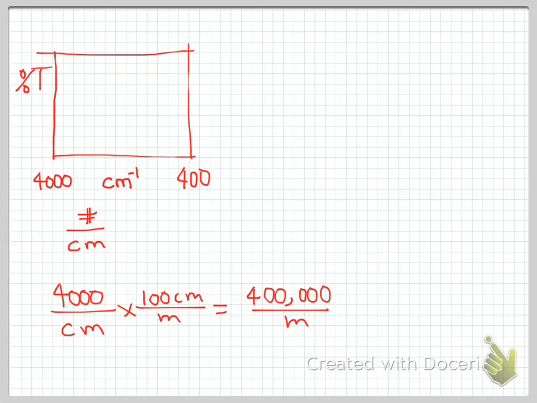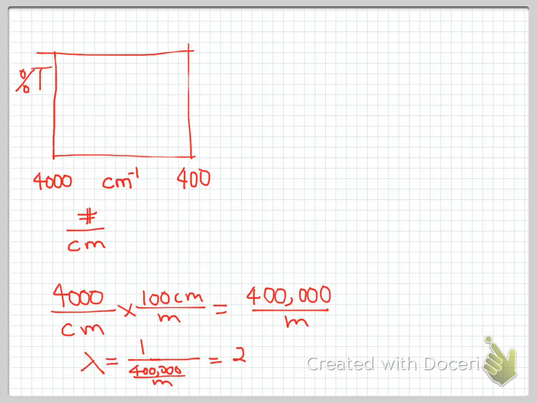And to get the wavelength, you just take the inverse of that, which is 1 over 400,000 per meter.